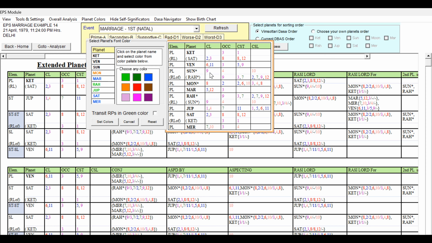Sun, 9th Lord occupying 4th house and 4th, 10th cuspal sublord. It is 9th Lord is fine, having some weakness, but second planet is good. So Sun, what we can give? Sun we can give because of the 4 and 10th cuspal sublord.